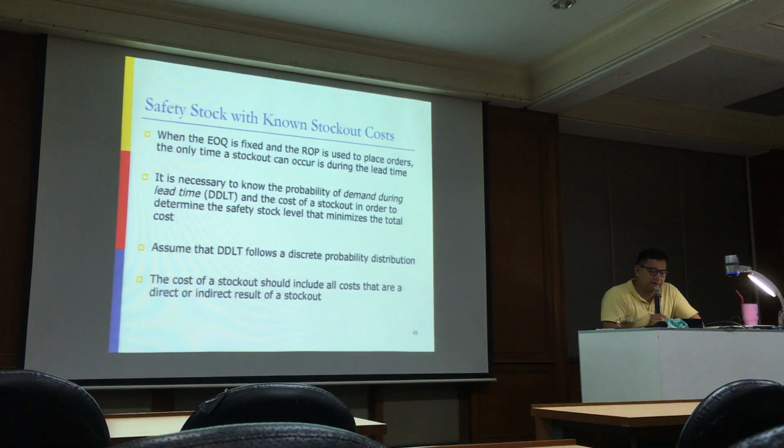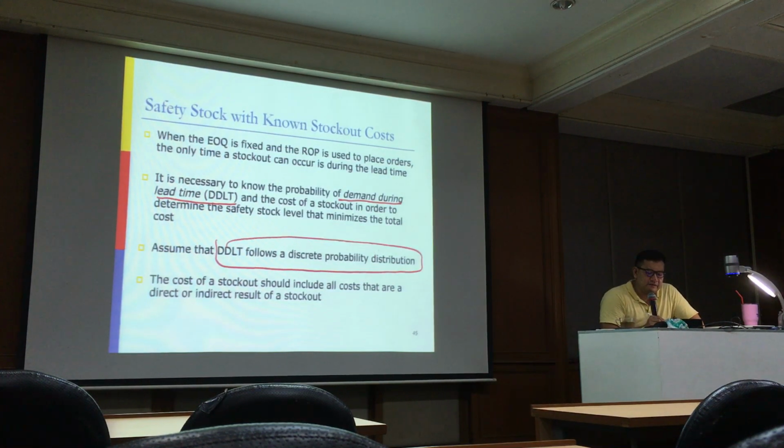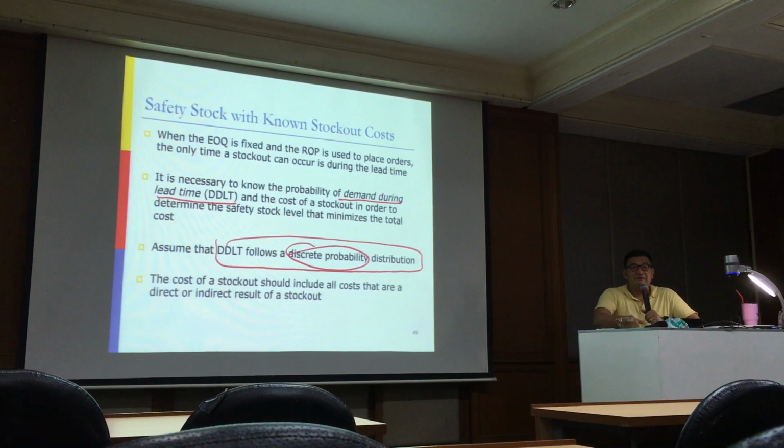Assume that we have demand during the lead time, which we call DDLT. In the case of known stock out cost, we need to assume that the demand during the lead time follows a discrete probability distribution. Discrete means not continuous. Let's say demand equals 60, 70, 80, 90, 100, something like that.